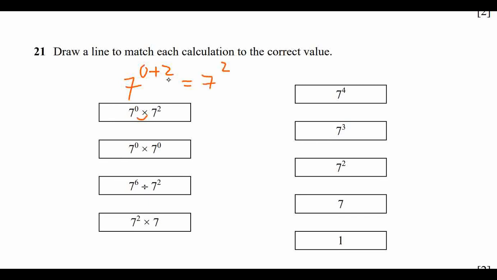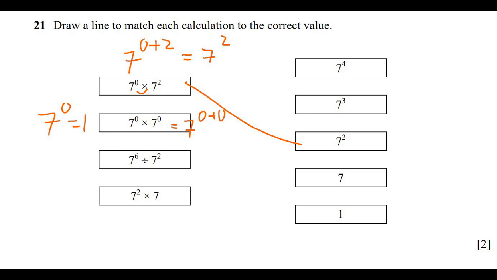So it will be this one. Now 0 and 0 means it's equal to 7 to the power of 0 plus 0. 0 plus 0 is 0, so it will be 7 to the power of 0. Anything to the power of 0 is 1. So 7 to the power of 0 is equal to 1. So it should go to here.